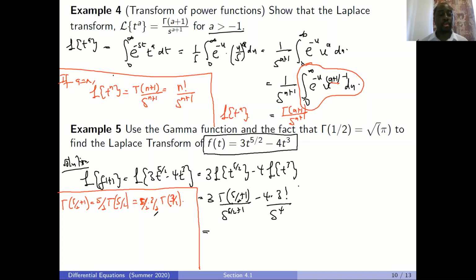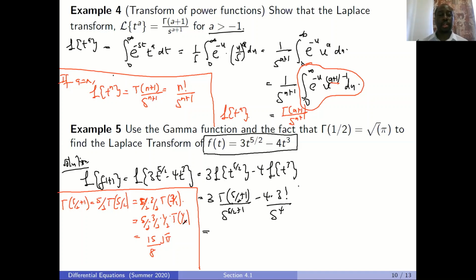And then 3 halves is 1 half plus 1, so this is 5 halves times 3 halves times 1 half gamma of 1 half. We're going to use the fact that gamma of 1 half is the square root of pi. So this gives me 15 over 8 times the square root of pi.